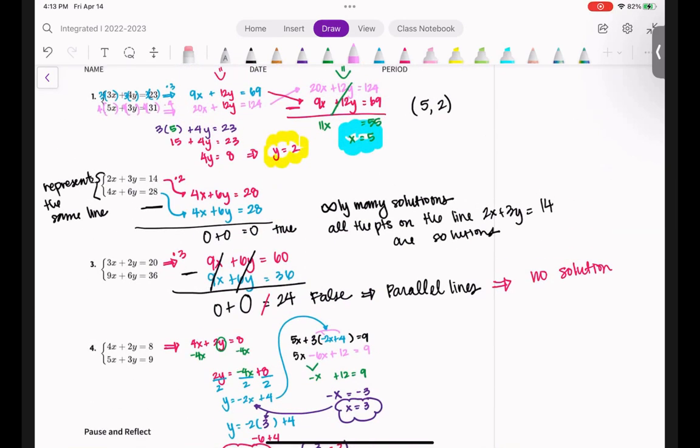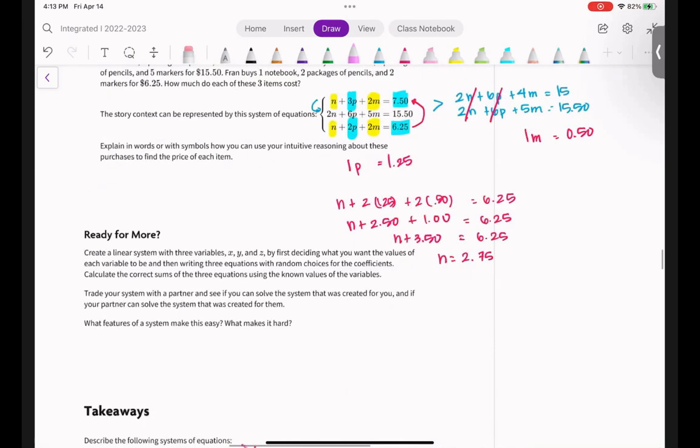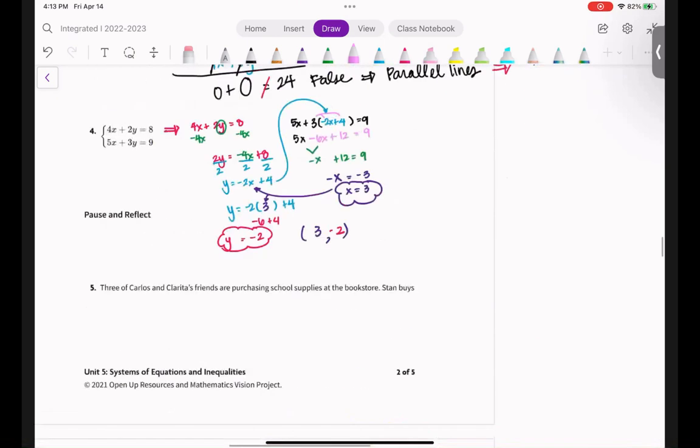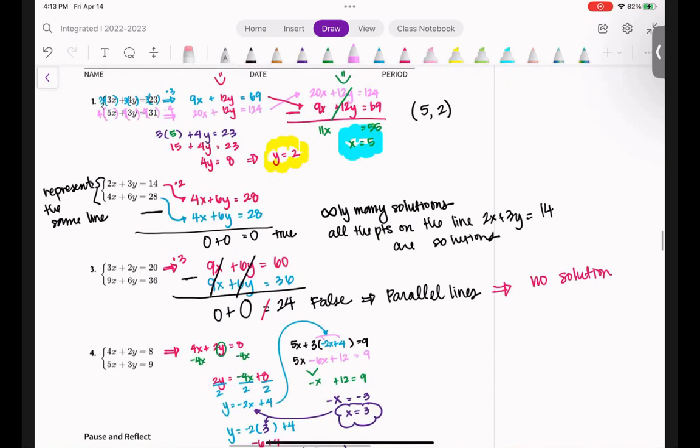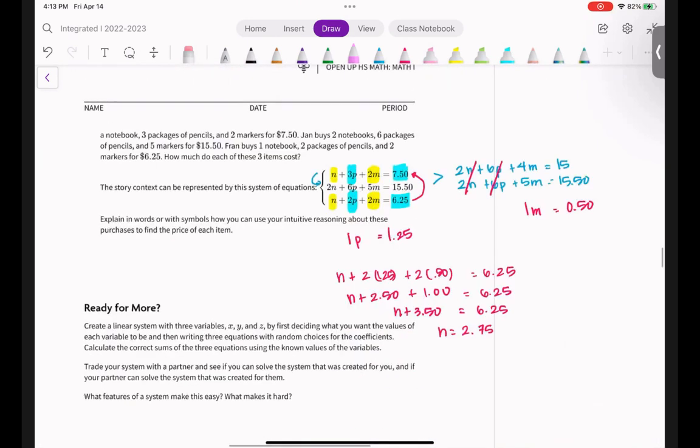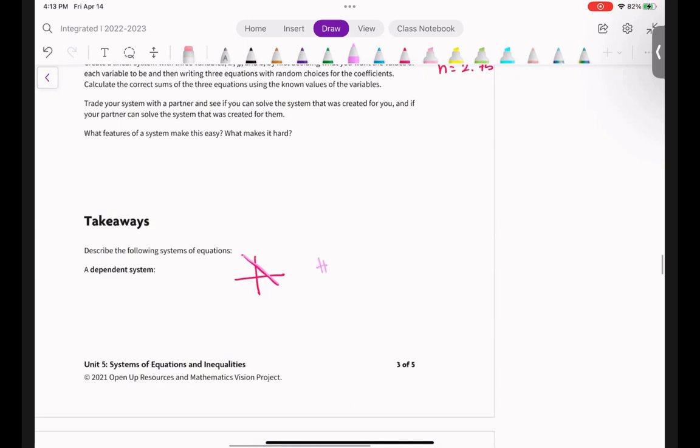It was 2x plus 3y equals 14. That was number 2. One equation was a multiple of the other, and the answer was infinitely many solutions.